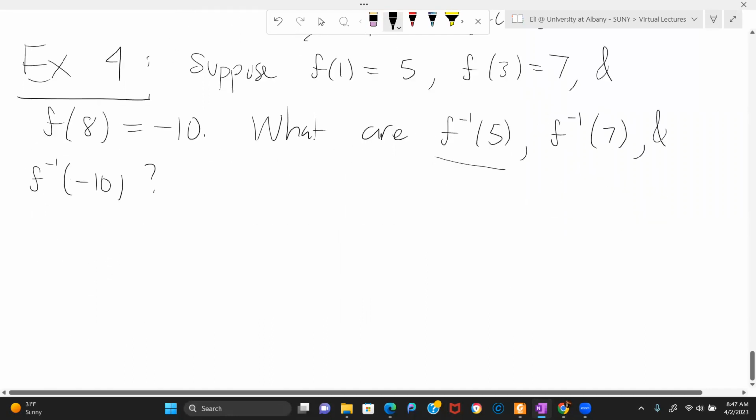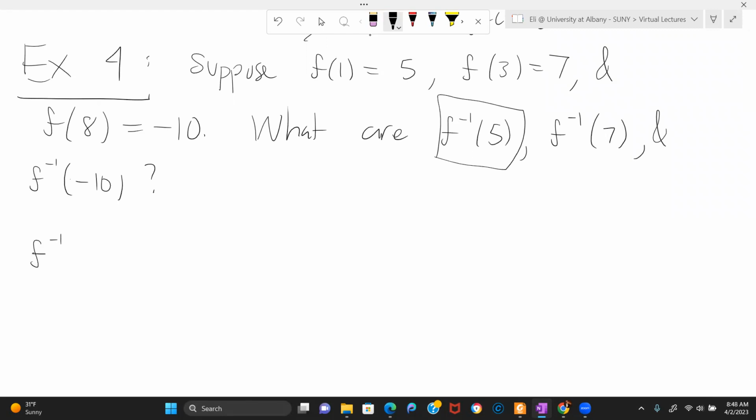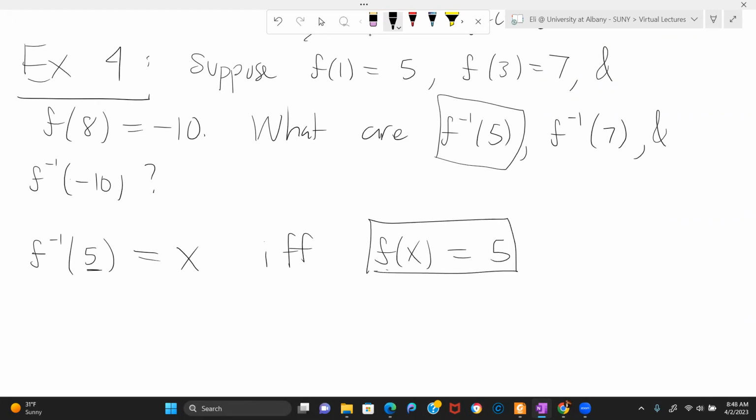Well, let's just think about the first one. Remember, f inverse sends some input y equals 5 to some output x if and only if f of x equals y.